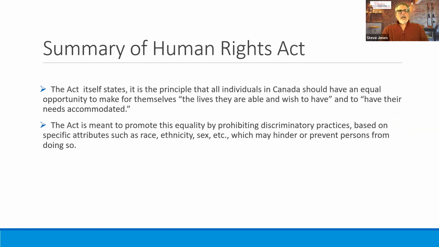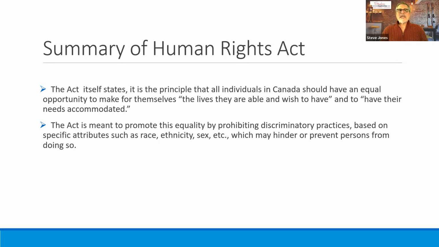Okay, the Act itself states in principle that all individuals in Canada should have an equal opportunity to make for themselves, and this is the quote, the lives they are able and wish to have, and to have their needs accommodated. And it also goes on to say that the Act is meant to promote this equality by prohibiting discriminatory practices based upon specific attributes such as race, ethnicity, sex, etc., which may hinder or prevent a person from doing so.